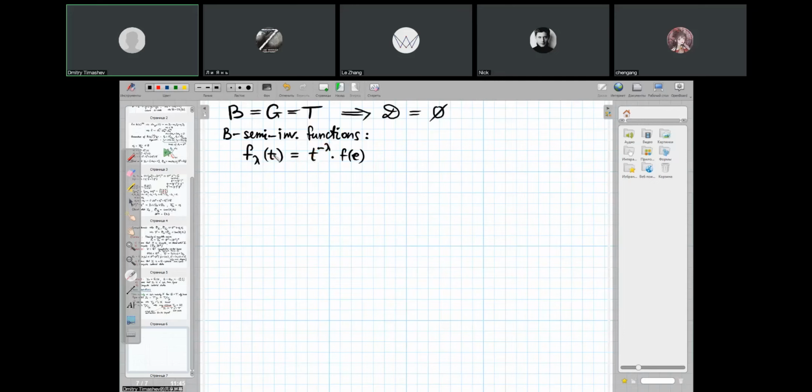But here you write T, not T inverse. So when you act on an argument of a semi-invariant function by T, it is multiplied by the value of lambda at T inverse. So essentially, any B semi-invariant function is proportional to a character.